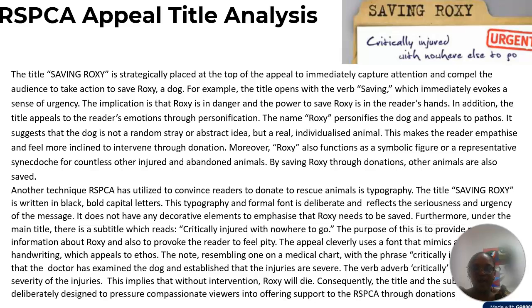Here is a paragraph just on the title. Take a moment to read it and see how it is cohesive, how it engages with the font, the color, the placement, and not to forget the purpose, the message, and the effect on the reader. So you can just pause the video and read these 2 paragraphs on the title.